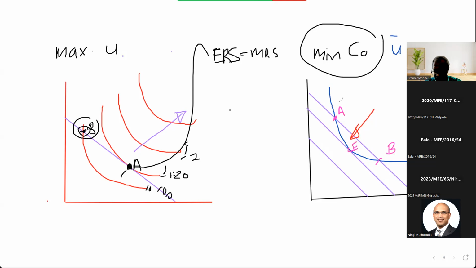Now, when you look here, A, B, C, all the points give the same amount of satisfaction. But look at the money income. Let's say at point E here, this budget line is $100. We imagine two consumers. Someone consuming at A spends more.